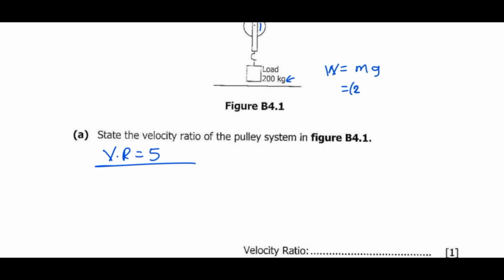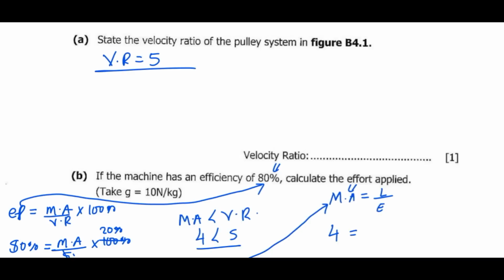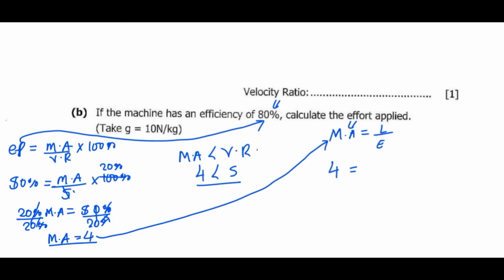Then the mass is 200, gravity is 10. So this will give us a weight of 2000 newtons. So this 2000 is our load. So whenever you are given mass and the formula needs to find load, please remember to calculate the weight.